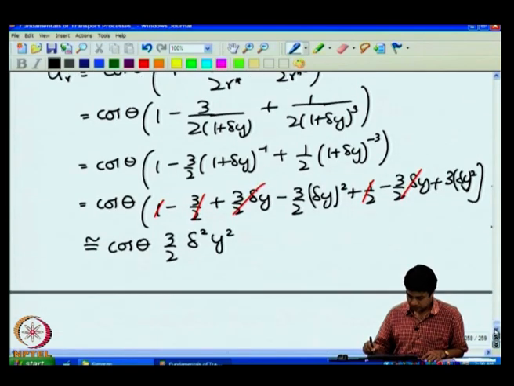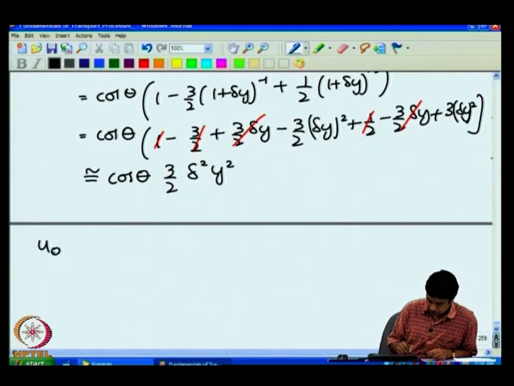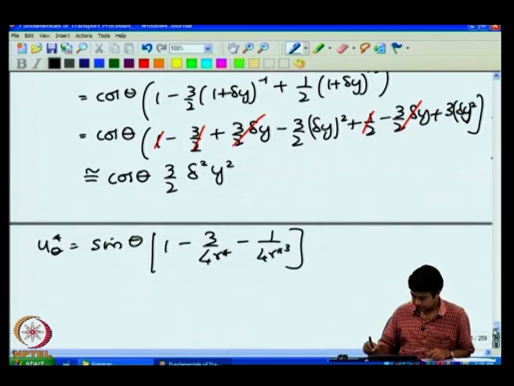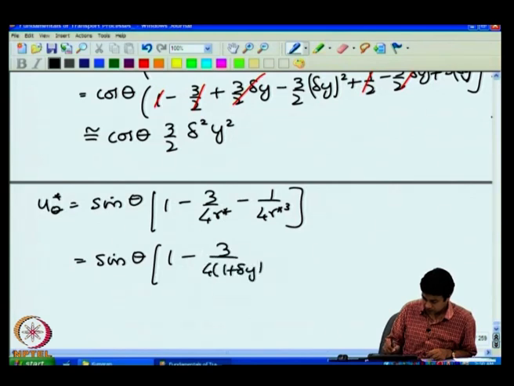Okay. What happens to the other velocity u theta? Okay. U theta is equal to sin theta times (1 minus 3 by 4 r minus 1 by 4 r cubed). This can once again be expanded out: sin theta times (1 minus 3 by 4 (1 plus delta y) minus 1 by 4 (1 plus delta y) the whole cubed).